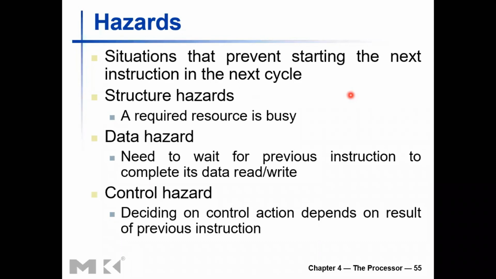So we have a control hazard and we can't fetch the next instruction, right? So these are the three main categories of hazard situations where we are prevented from bringing the next instruction in the next clock cycle. We have to wait one or more clock cycles because there may be a hazard like this, a structure hazard or a data hazard or a control hazard.